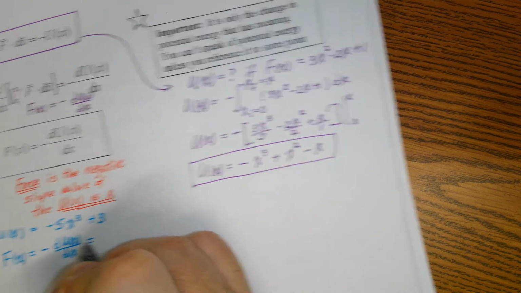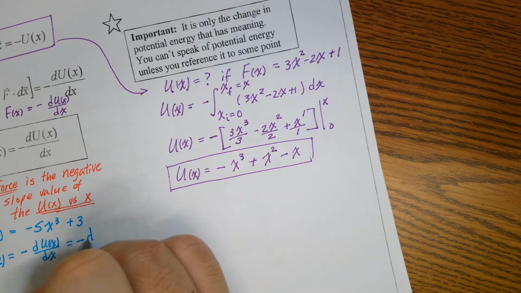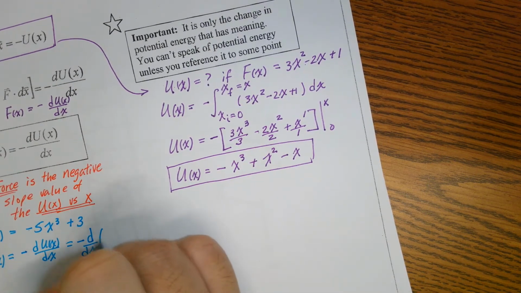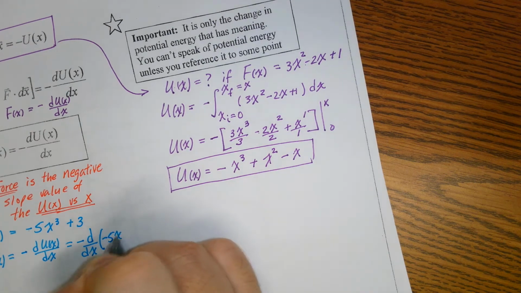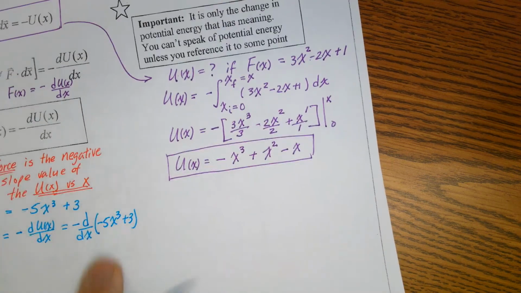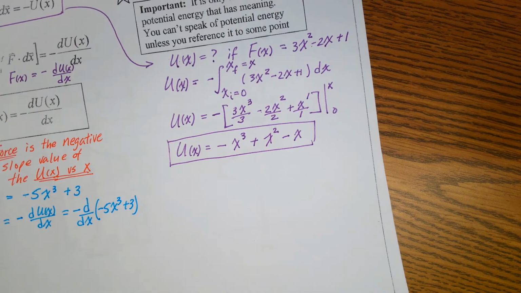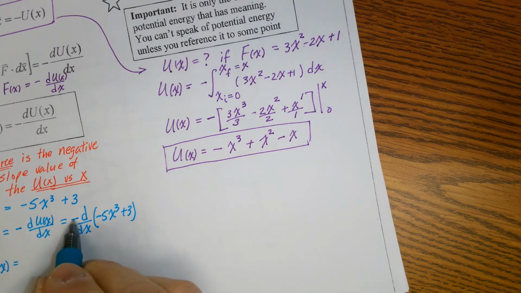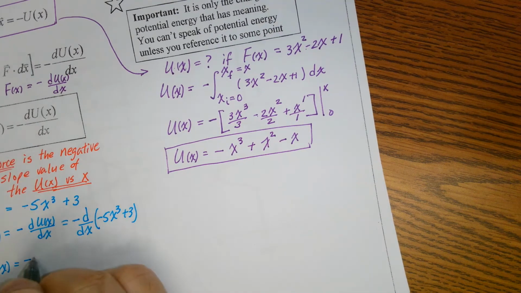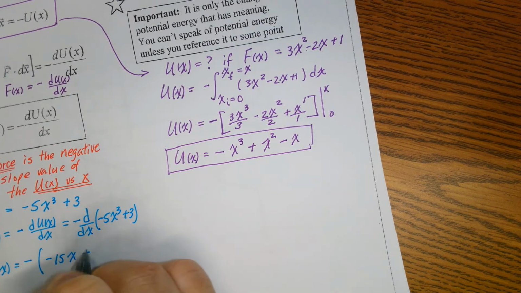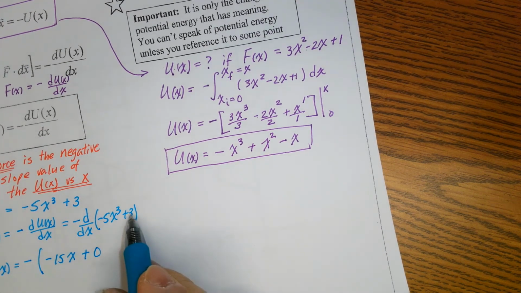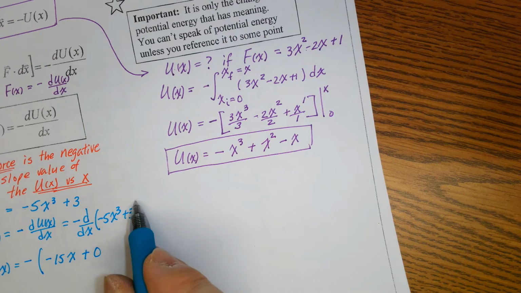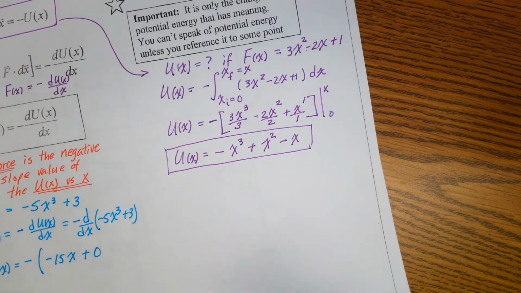That is negative d over dx, so I have to take a derivative of this function. So f of x then becomes negative of negative 15x squared plus 0. This is like saying 3x to the 0 power, and then 0 times 3 is 0, and 0 times anything is just 0.